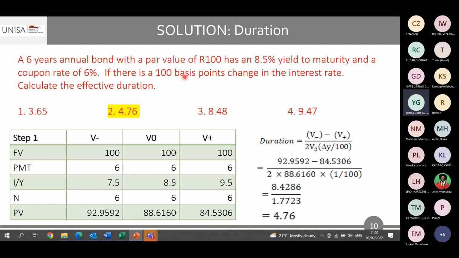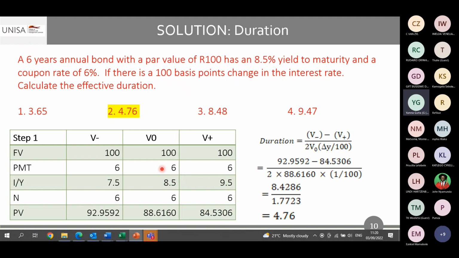So we adjust for 1%. They say the yield to maturity is 8.5%. So we adjust 8.5 less 1%, you get 7.5. For V0, 8.5 remains the same. For V plus, 8.5 plus 1% is 9.5.